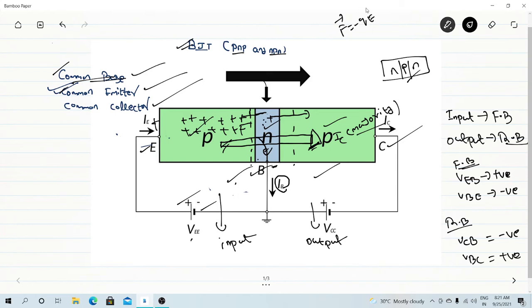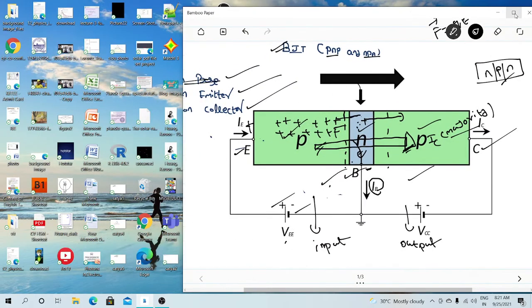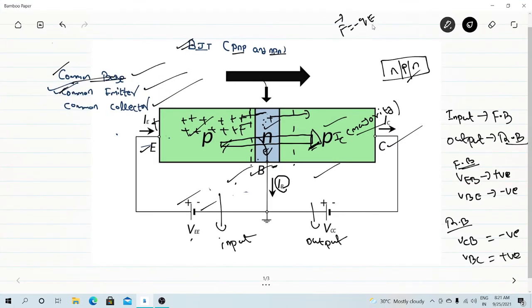Minus QE basically means, if the electric field is in this direction, charge is a constant for a particular carrier, so the force will be negative of the electric field, that means opposite to the electric field if the carrier is negative.